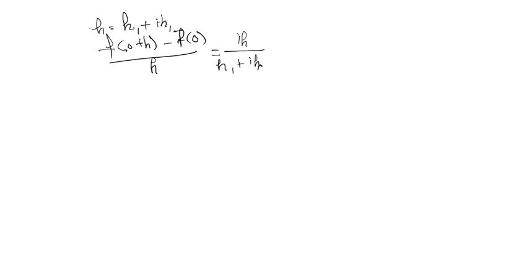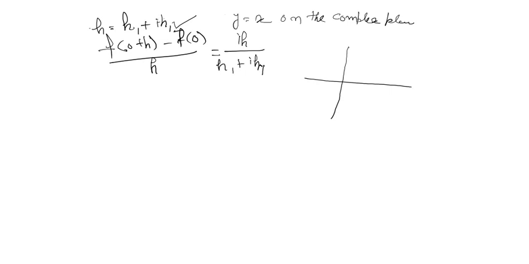So this here will also be h1 only. So this is a special type of complex number I have chosen, whose real and imaginary parts are the same. Okay, that means you are moving along the straight line y equal to x on the complex plane. If I draw the picture for you, suppose this is the complex plane and you are approaching the origin along this line, this way and this way.